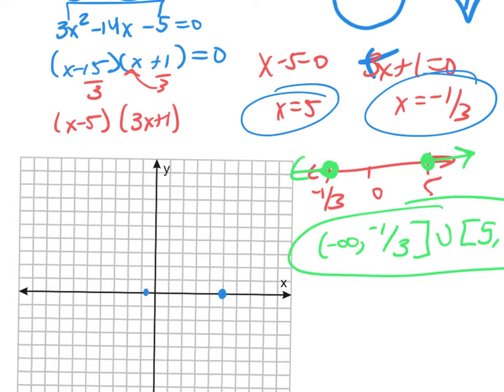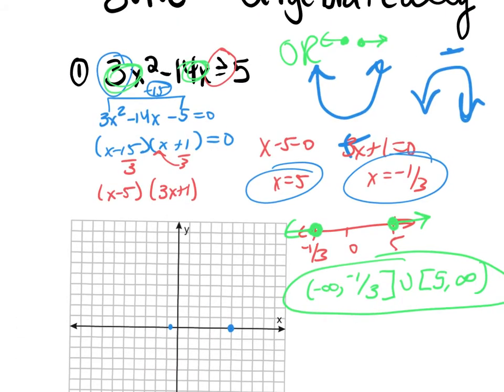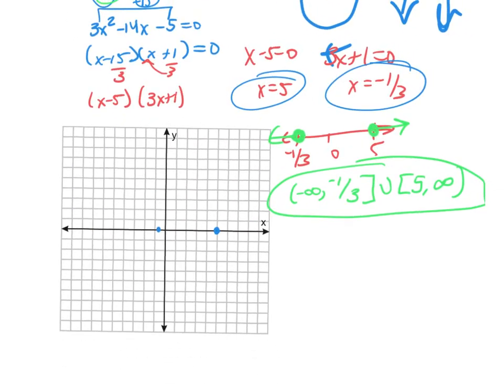Now, what kind of a parabola is this? Positive or negative? Positive. So all I'm looking for you guys to do is to draw your U through the x-intercepts. I don't care how far down you go. Just make sure you go below the x-axis. I don't care how high up you make your arrows.